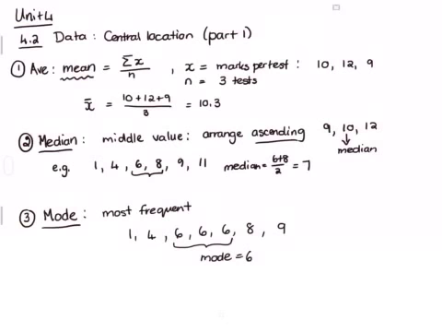If you want to compare your test mark to the rest of the class and you want to say, yes, but I got more than half of what the class got, then you're going to look at the median. If you got more than 7, then you got more than half of what the class got. Then you fall in that section.